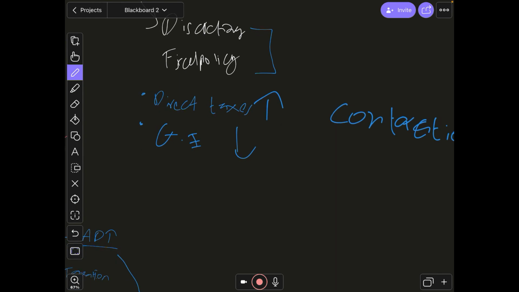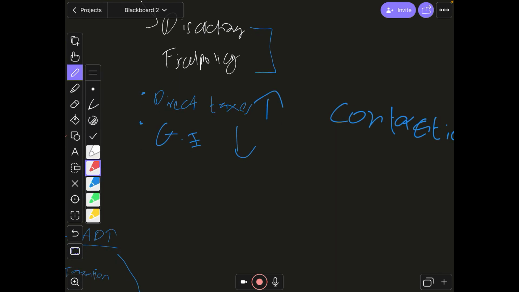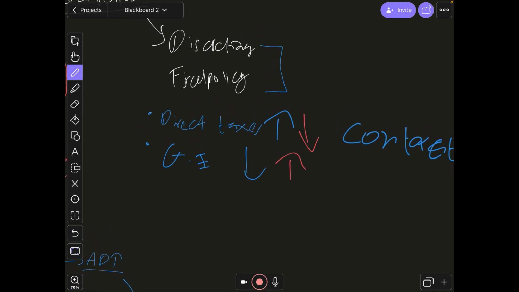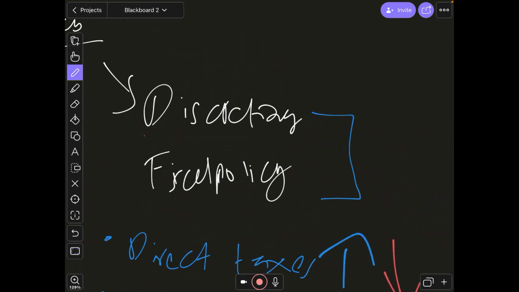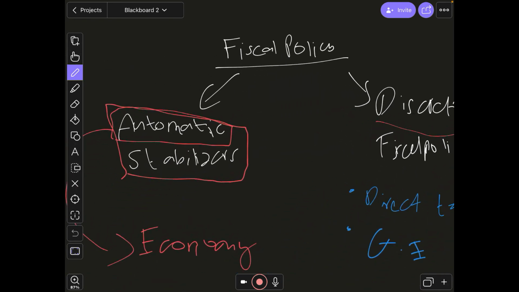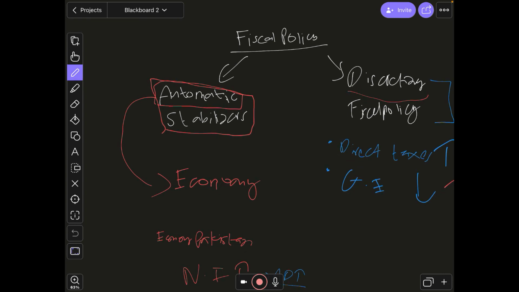And the government will do the opposite if it wants to employ an expansionary fiscal policy: then it will reduce direct taxes and increase government expenditure. So this is what the government does on its own, and the government makes deliberate decisions, or this is known as the discretionary fiscal policy because the government chooses to do all of these things. Whereas this is the automatic stabilization part, it will happen even though the government chooses to do nothing.